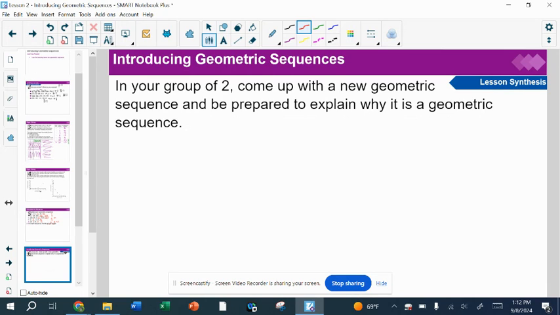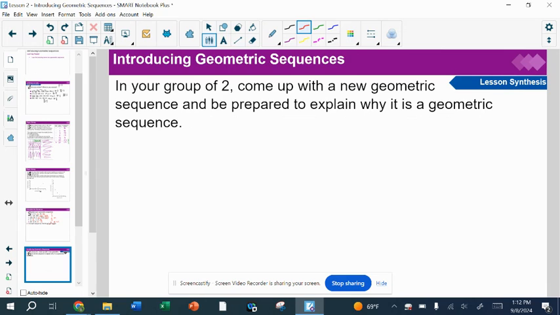Okay. So after you're done with that, again, if I was in class, it would be a little bit different. I would ask you to actually do this with a partner and figure out some new geometric sequence and be prepared to explain why it is a geometric sequence. And again, I didn't really say the word geometric very much except at the very beginning, but a geometric sequence is when we are multiplying to get from one term to the next term.